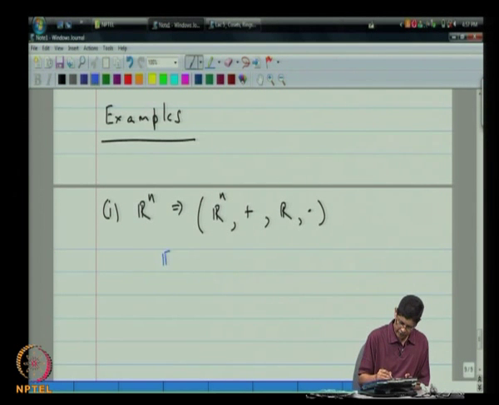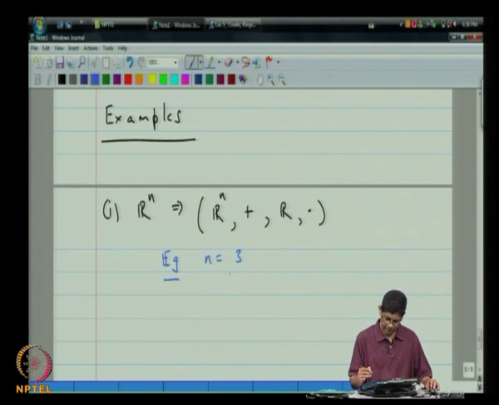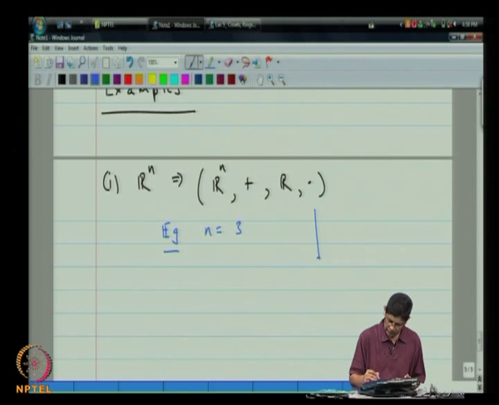So, here if you take n is equal to 3, then you can actually draw a geometric picture.